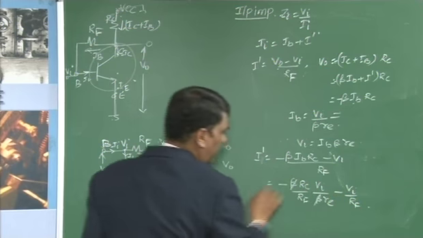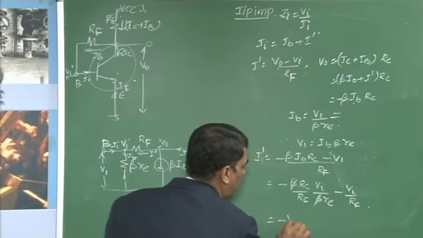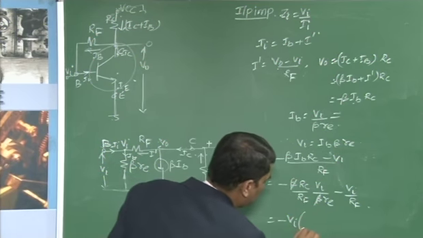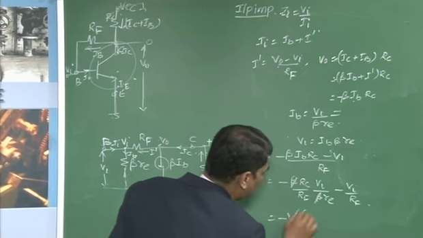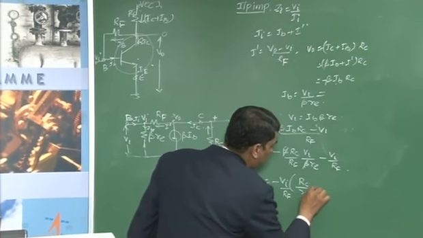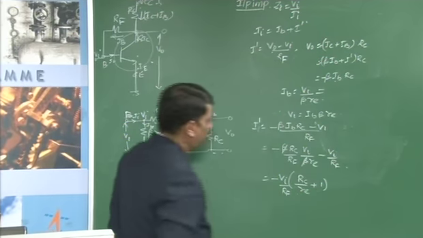This beta cancels. Then I dash is nothing but Vi by RF into RC by RE plus 1.